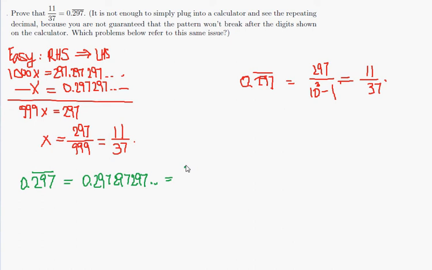So this is 297 divided by 1,000. That's the first 3 digits. For the next 3 digits, it's 297 divided by 1,000,000. That would be 0.000297, and that would produce the next 3 digits. The next 3 digits after that would be 297 divided by 10 to the 9th.